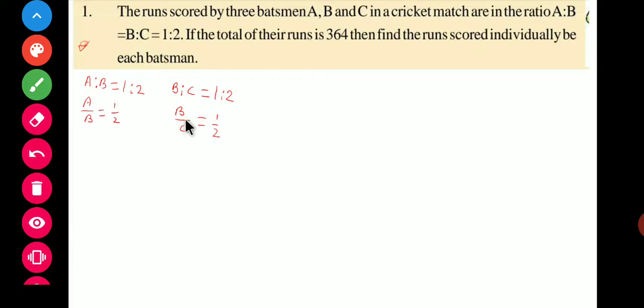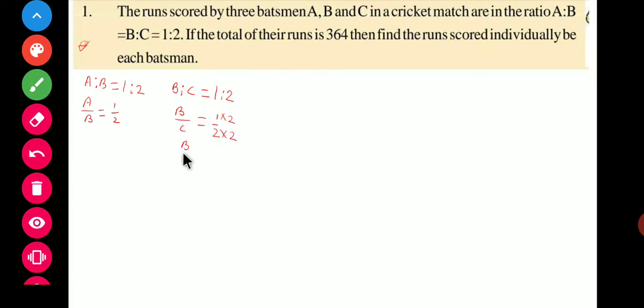First of all, we want to make B equal. So here is 2 and here is 1, so it is multiplied by 2.